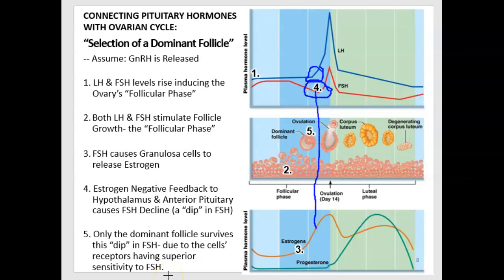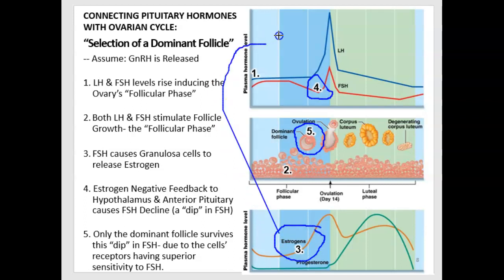This dip in FSH is important because it determines which of the follicles that have been developing in the ovary will become the dominant follicle. Only the dominant follicle can survive this decrease in FSH. And the decrease, remember, is all due to negative feedback by the estrogen on the pituitary gland, so there'll be less FSH production.